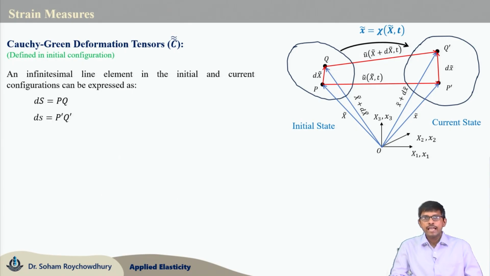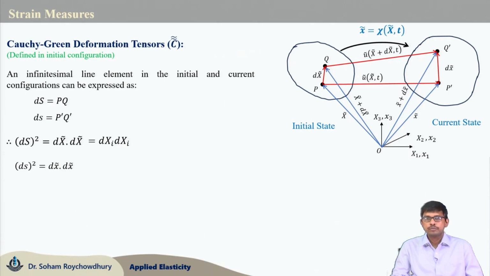So, d capital S is P to Q, the undeformed line element length, whereas d small s is the deformed line element length P prime Q prime. Now, as dS is the length of the d capital X vector, we can write d capital S square is equal to d capital X dot d capital X. With the help of indicial notation for the dot product of two vectors, this can be written as dXi times dXi.